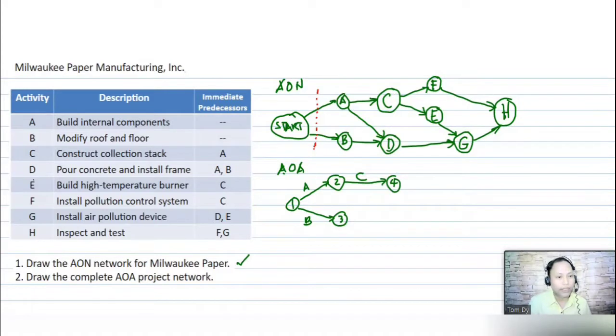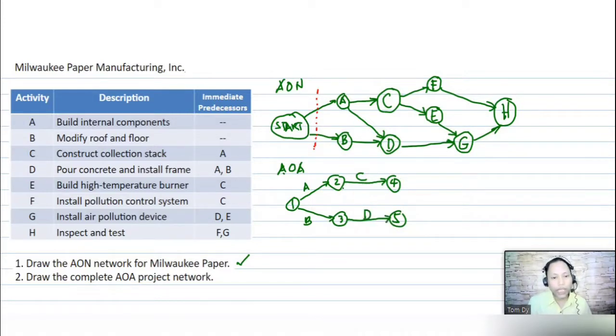And for A and B, this is arrow A, arrow B, so we only have one arrow for each activity. So we will have 5 for activity D.